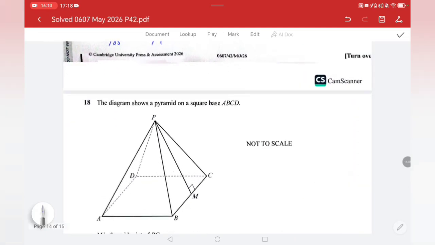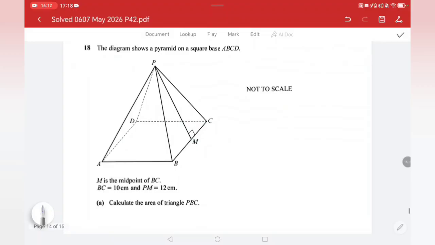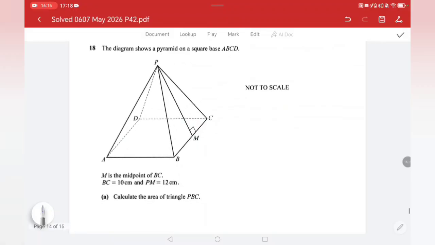Okay, question 18. Calculate the area of triangle PBC.